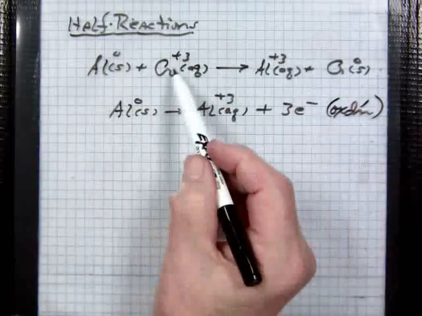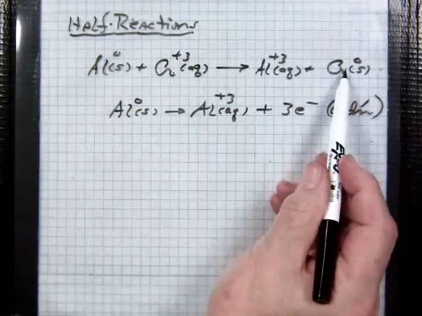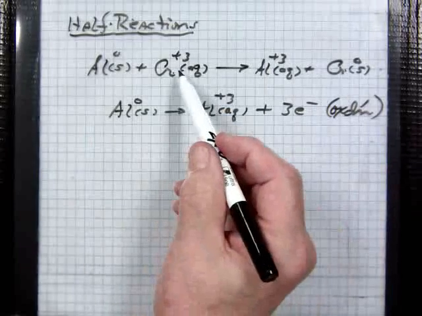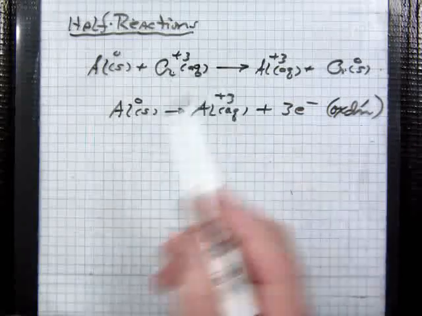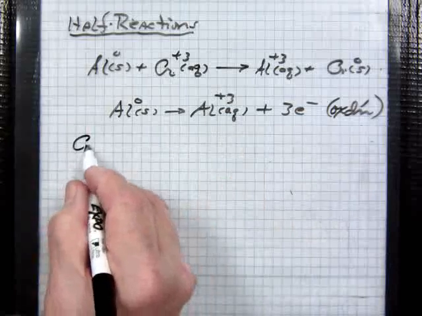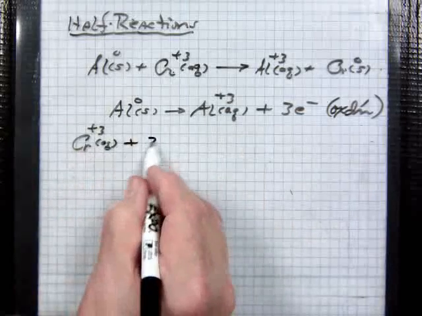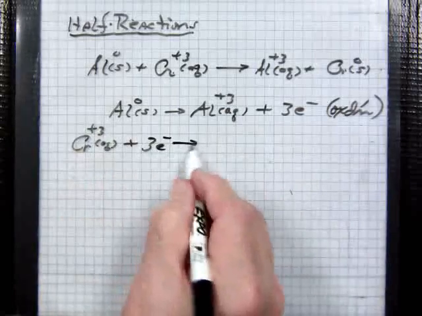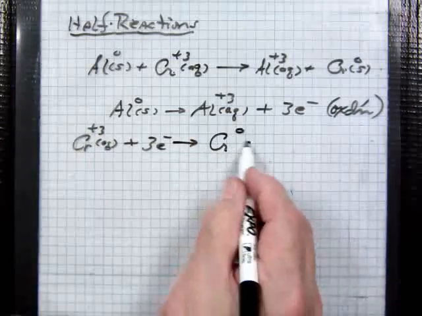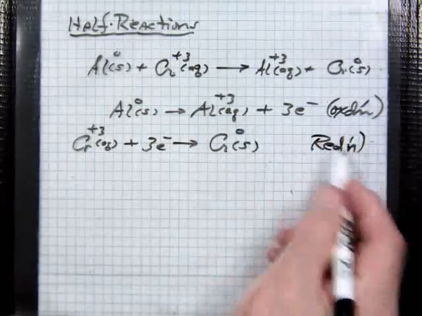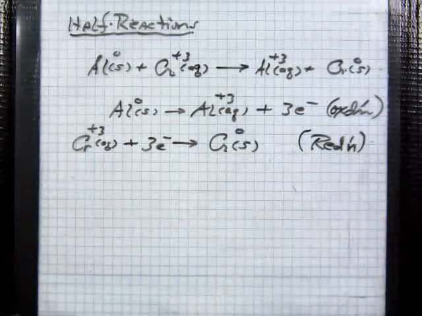But the reduction half reaction needs to be shown as gaining electrons. So I put the electrons on the reactant side this time. So I take chrome plus 3 aqueous plus 3 electrons goes to the basic standard state, and that's a reduction half reaction. And so you see how those are written.